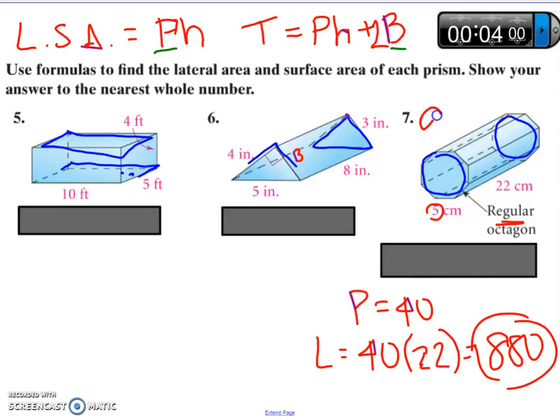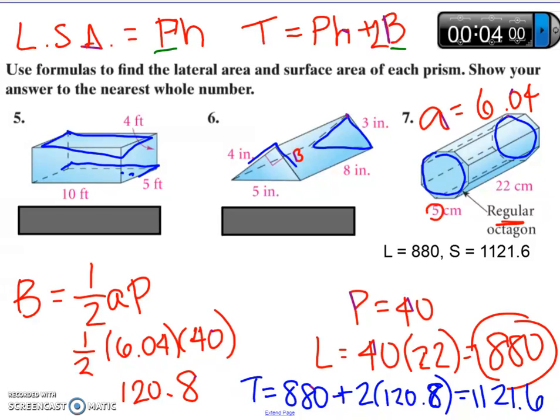I'm going to go ahead and give you the A for this. The A is going to be 6.04. So find the area of your base using 1/2 AP, and then put it into your formula and do the total surface area and then check that. For the area of the base, I got 120.8, and then put it into my total. So I use my lateral surface area plus 2 times the base, since I have 2 octagons, and I got 1121.